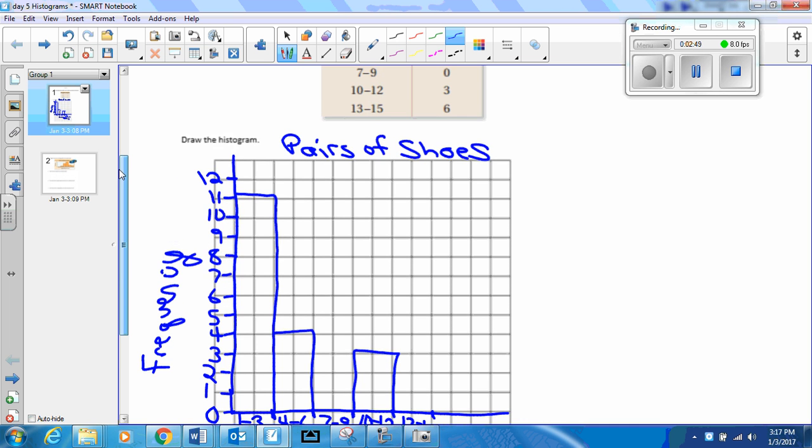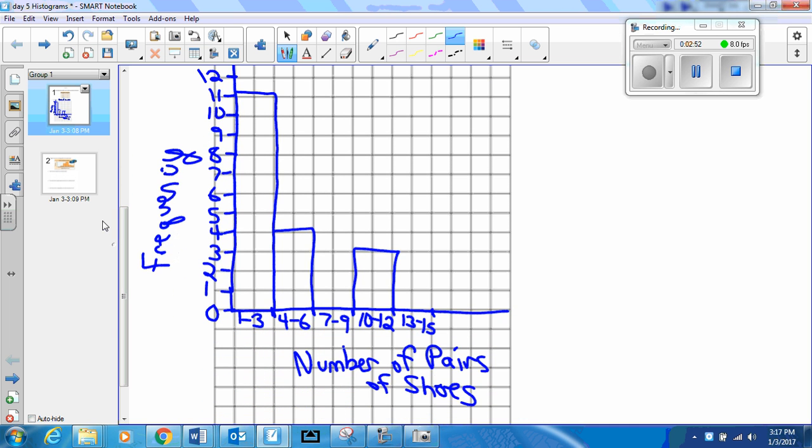And the last interval, 13 to 15, was 6. Okay.